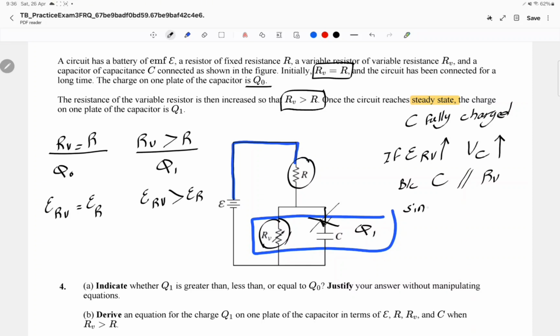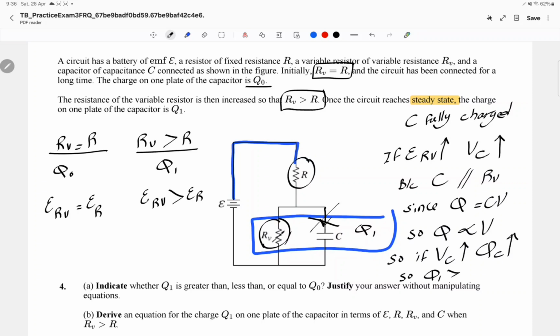Now, since Q is equal to CV, Q is directly proportional to V. So if the voltage of the capacitor goes up, the Q of the capacitor goes up as well. So ultimately, Q1 is going to be bigger than Q0. So greater than.